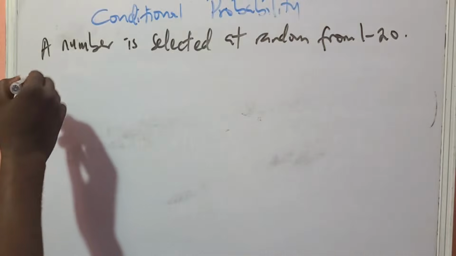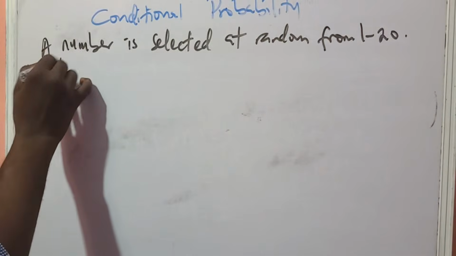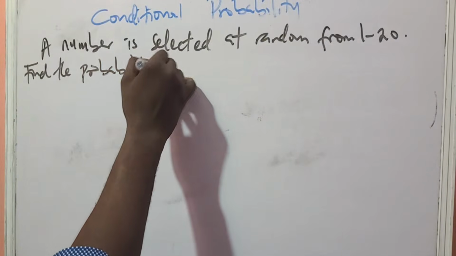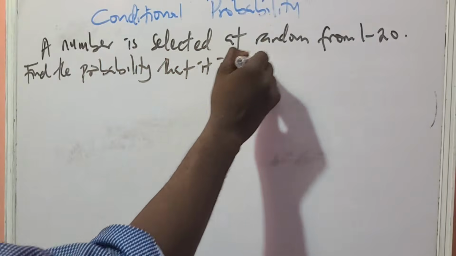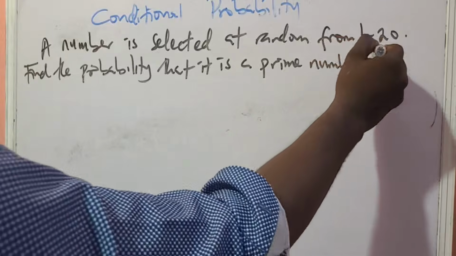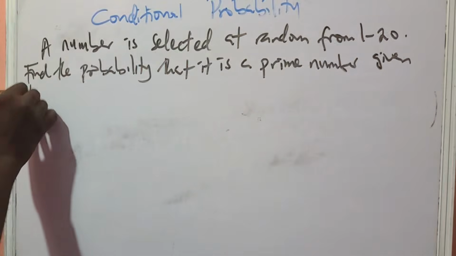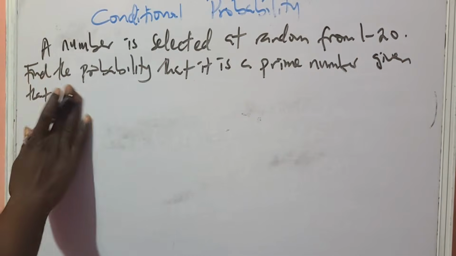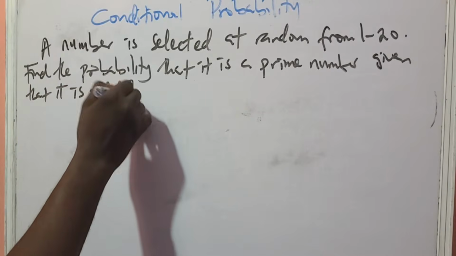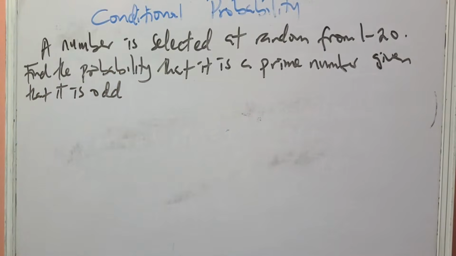So you have to find the probability that it is a prime number given that it is odd.